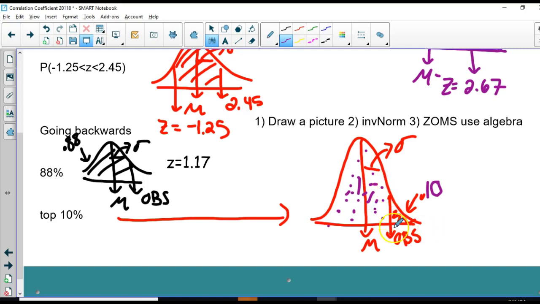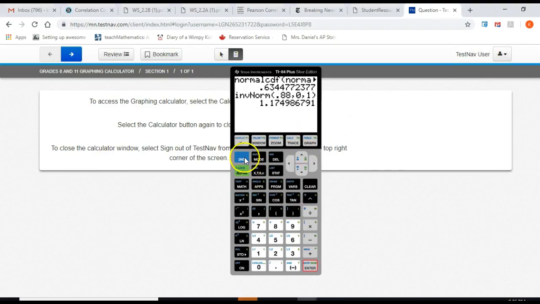Okay, I want to know what observation will put me in the top 10 percent, which means I am in the 90th percentile. Our calculator, or at least the one I have, only does less than as well. I'm going to go to second vars, inverse norm. I'm putting 0.9 because I'm in the 90th percentile. That gives me the top 10%. Mu is equal to 0, standard deviation is 1, and I'm going to paste.